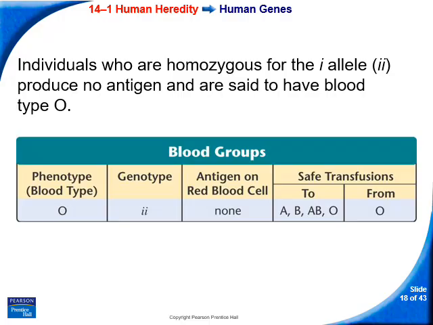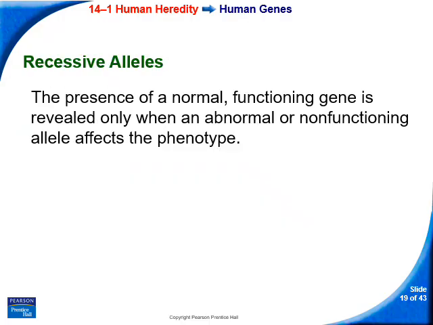It is safe to receive blood type O even if your blood type is A, B, AB, or O, because it's a universal donor.